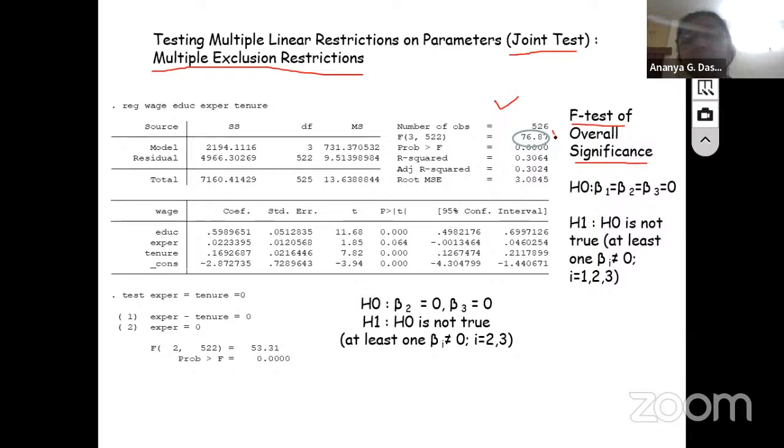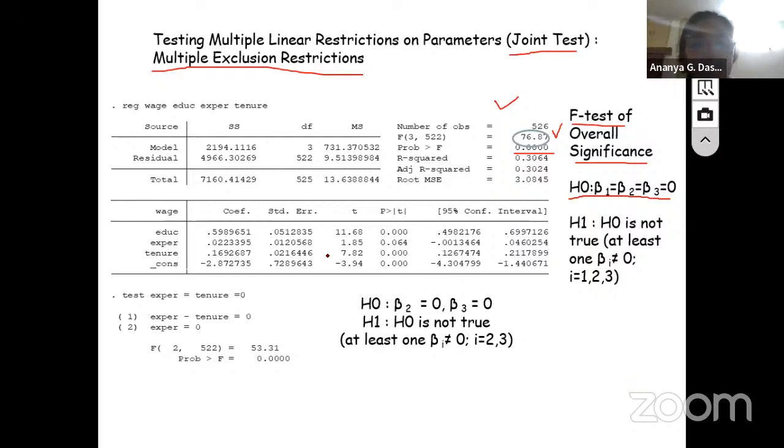This particular F value is giving you the test for the null hypothesis that together all your X variables don't matter, right? Together all the betas are 0. So you should be very keen to reject this null. And as you can see, it's 0.00. So this null is getting rejected soundly, which means that all my variables have a place in the model, right? So always the F test for overall significance is something that you should be checking.